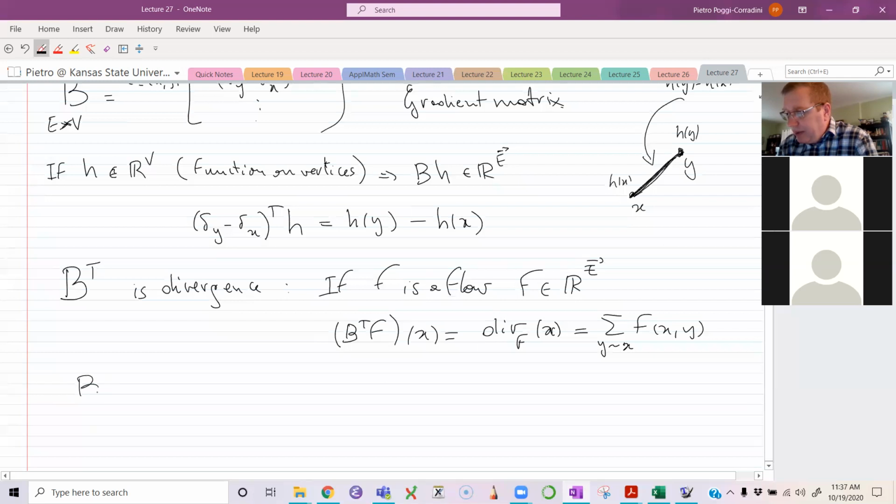So B transpose F at x. B transpose is going to be V by E, F is a flow, so it's E by 1. So when you do sigma notation, the counter is going to run over the edges.